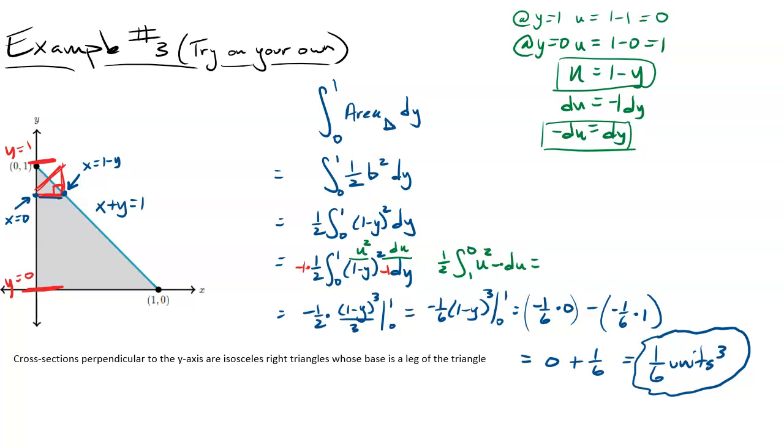The negative sign you would have brought out front. And you could have calculated it this way as well. And that would have still got you the same answer. So it's just kind of how you like to do it.